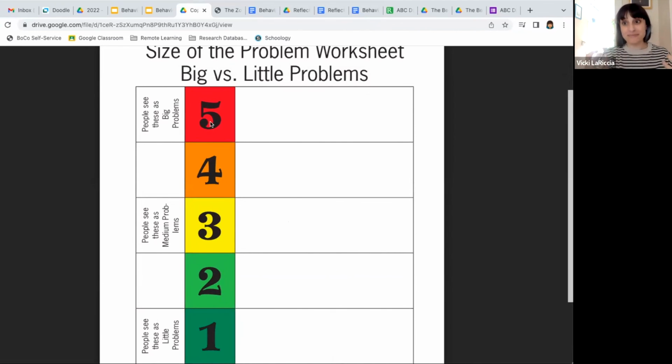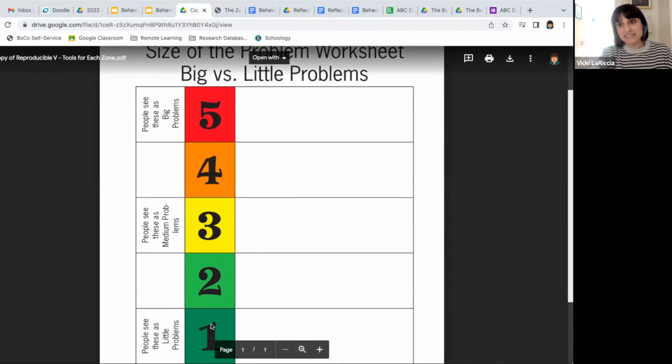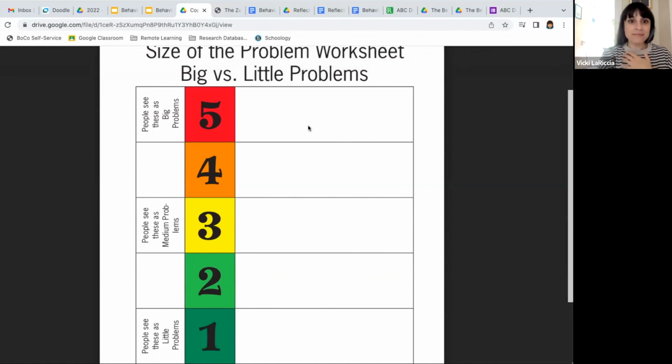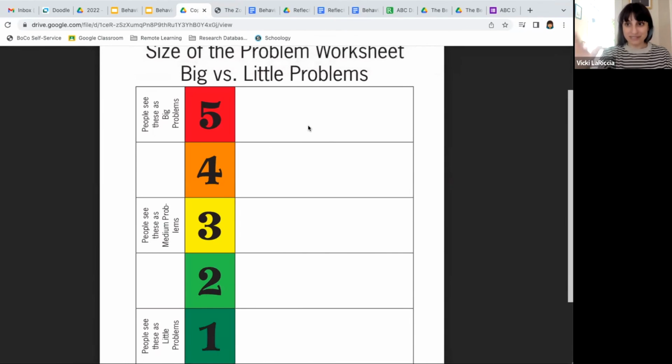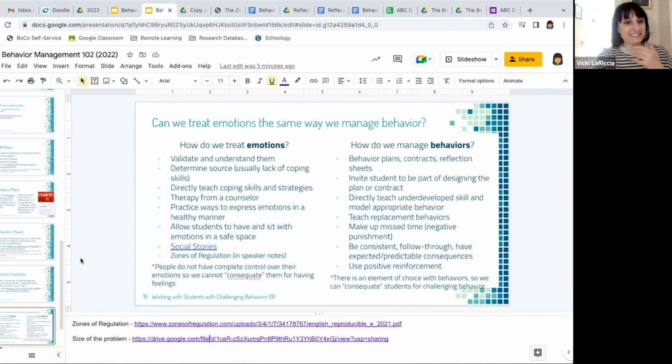Really big problems. Your problem's like a level 1, like you left your homework at home, that's a level 1. You can feel how you want, but the reaction that's coming out should be a level 1 reaction. So yeah, I tend to like the zones.